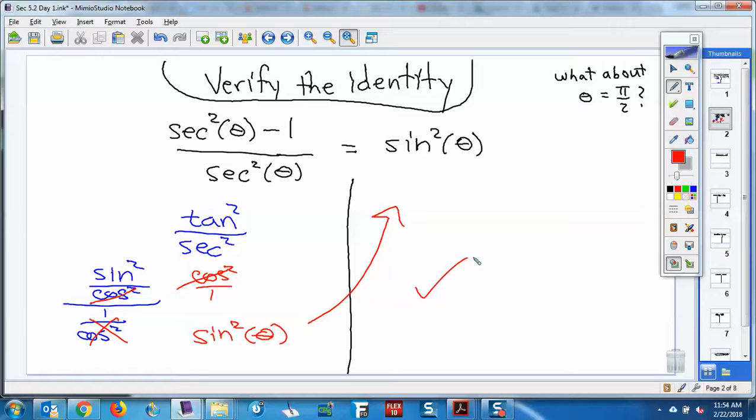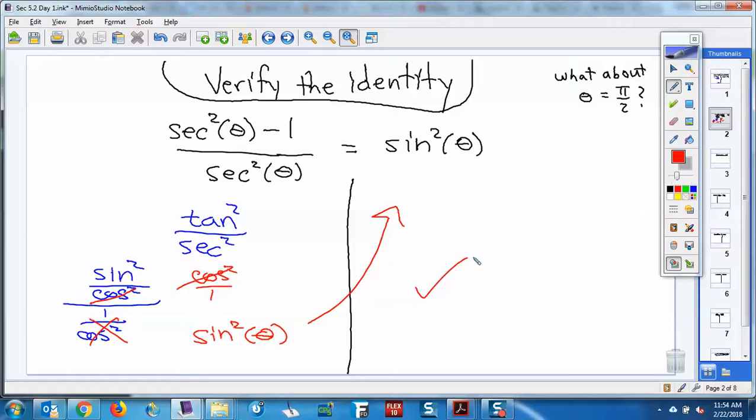Now, we said that it works for all values of x, or all values of theta. What about pi halves? You can do the sine of pi halves, but what about here? What's 1 over secant again? Secant is 1 over cosine.